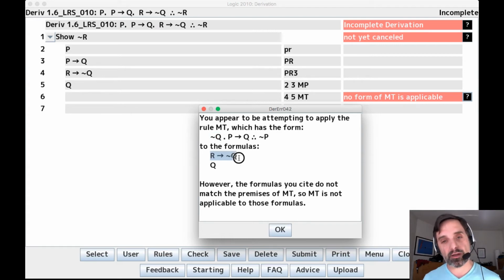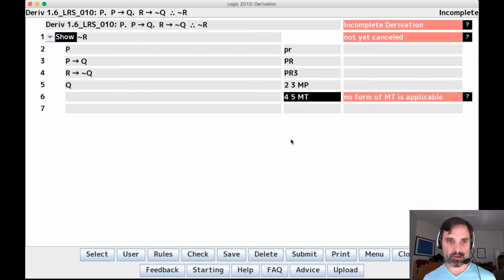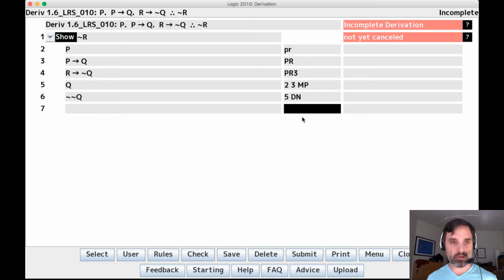Now here we have a conditional, but we don't have the negation of the consequent. We have the unnegated consequent. So our rules are really, really picky. They require that whenever we use them, what we apply them to has to fit the rules exactly. So what we need is not Q, but not Q. Oops, no. Let's try that again. There we go. And now we can do modus tollens with 4 and 6, because 6 is the negation of line 4.